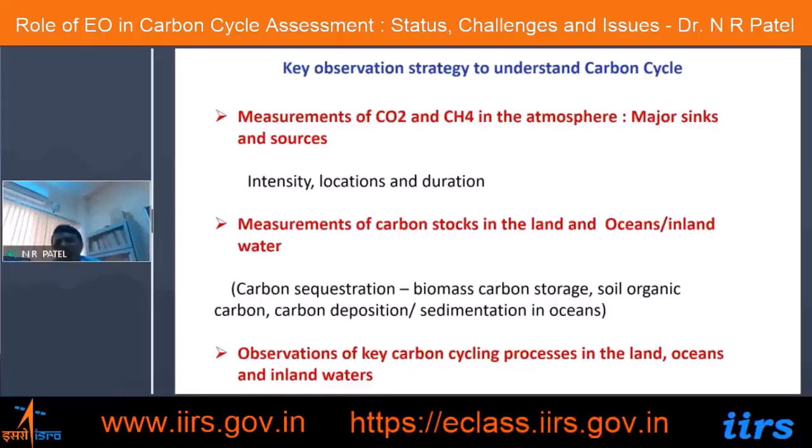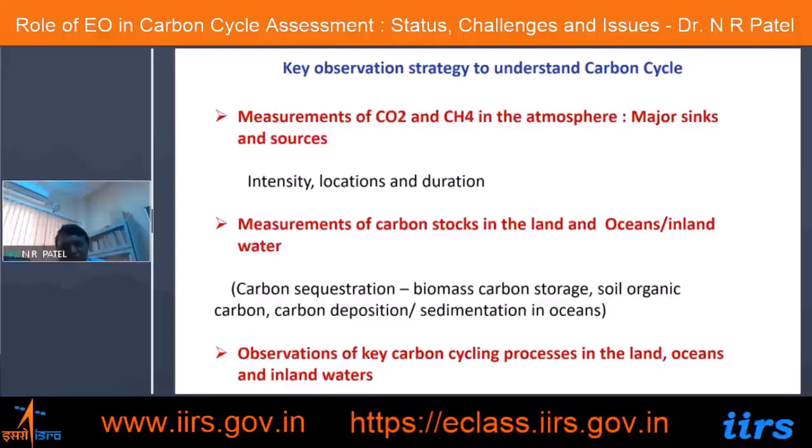Second, apart from the fluxes that describe sink and source, we also need to measure the pools, like soil carbon pools or vegetation carbon pools, and also ocean. Because ocean is the major sink of the carbon, measurement of this carbon stock in land, ocean and inland water is equally important. How can it be done? It can be done through carbon sequestration, through biomass carbon storage.